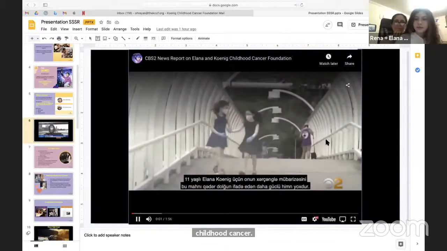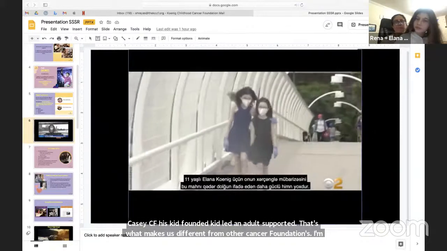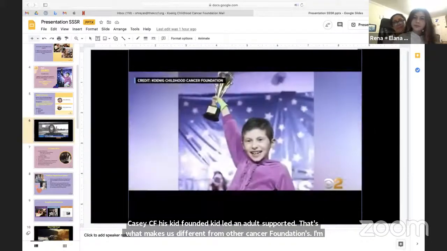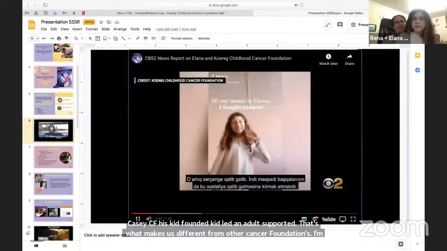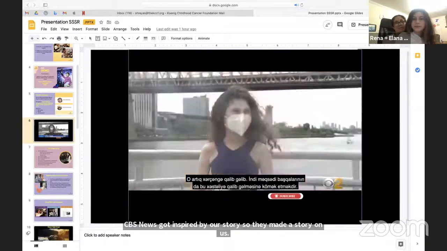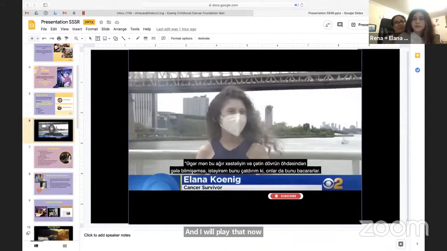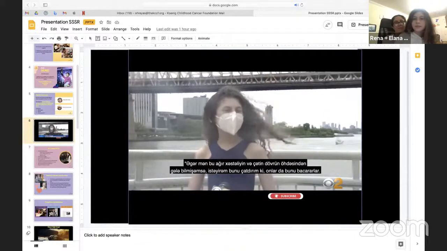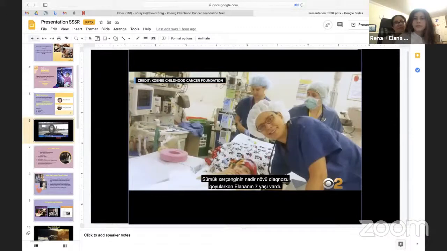7-year-old Ilana Koenig, there is no better song that describes her battle with cancer than this powerful anthem. 'Cause I still got a lot of fight left in me. She's already beaten cancer. Her focus now, helping others beat it too. If I got through this horrible disease, if I got through this horrible time, then they should know that they're gonna get through it too. Ilana was 7 years old when she was diagnosed with a rare type of bone cancer.